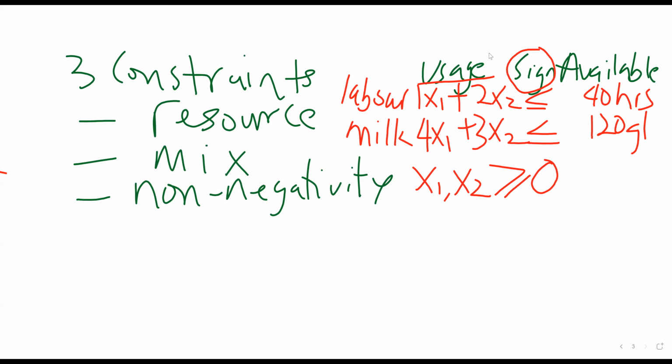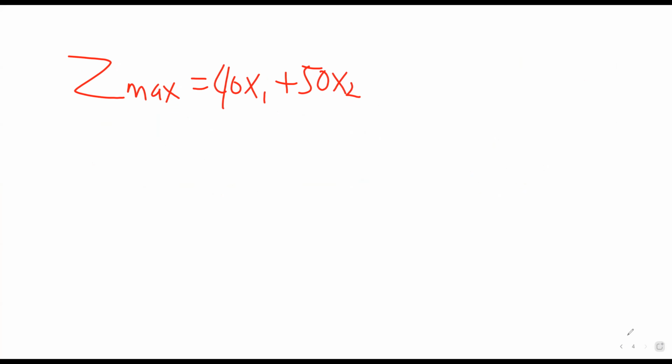So on the basis of this, we can now rewrite our entire formulation. Our entire formulation becomes Z max equal to 40x1 plus 50x2. See, now when you see it like this, you're not afraid because you know where it came from.